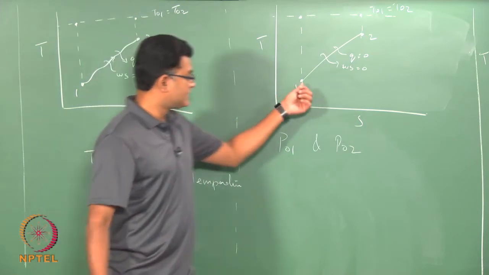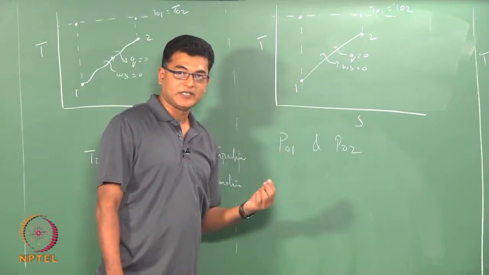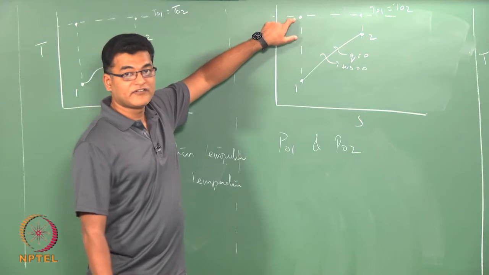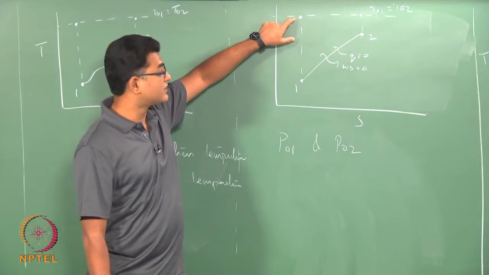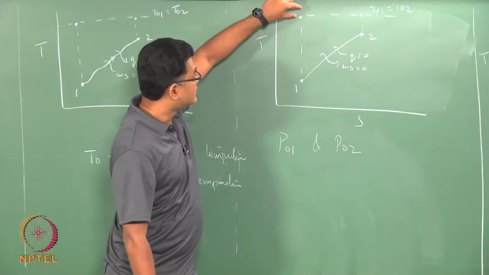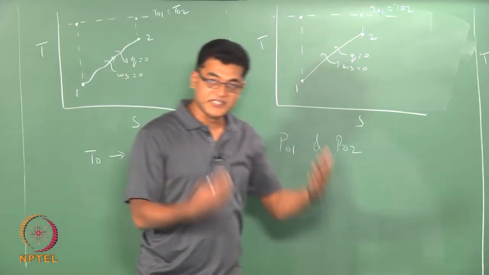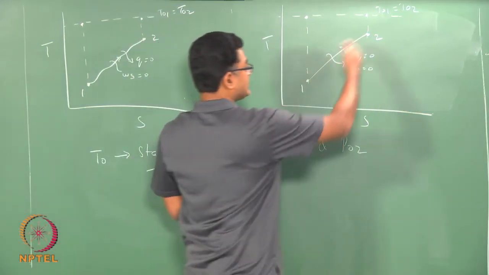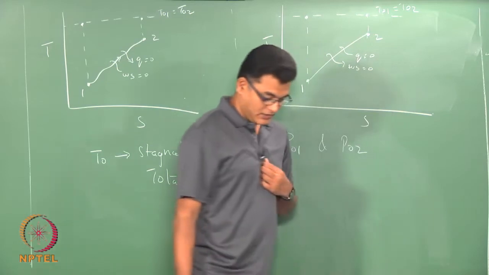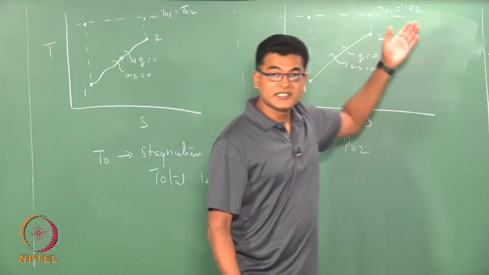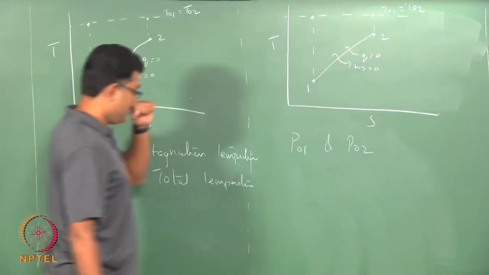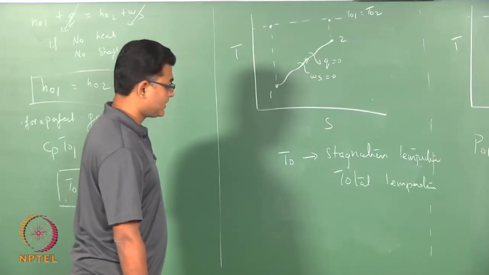Associated with the static state, I have a static pressure, and now I have defined a reference quantity which is a stagnation quantity. So, along with T01 I have a P01, and same as for the second state I have a stagnation pressure. Okay. Let us see what happens to P01 and P02.